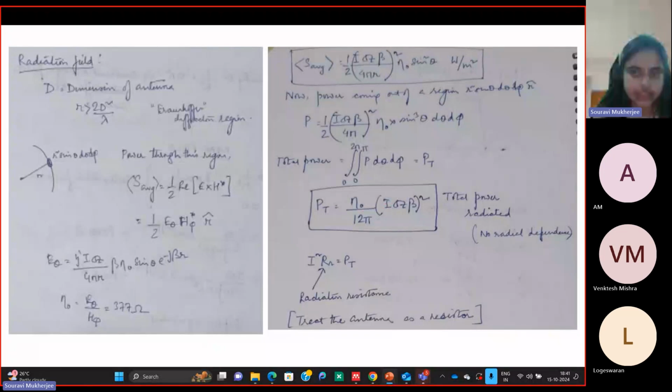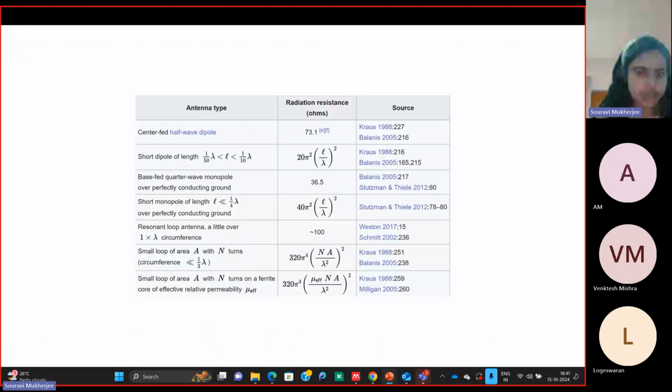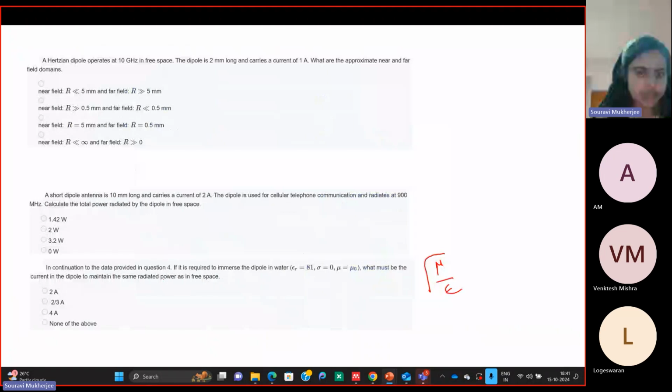The current will be reduced by root over of 9, because you have I square here. So you need less current in water to maintain the same radiated power. Whatever current you had here will be replaced by root over 1 by root over 9, which is 1 by 3.